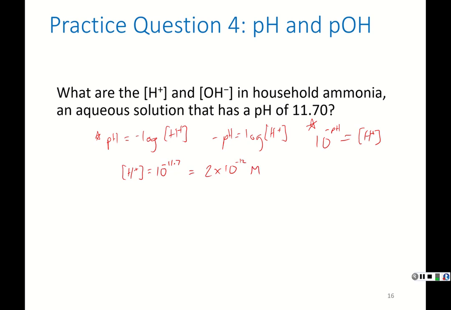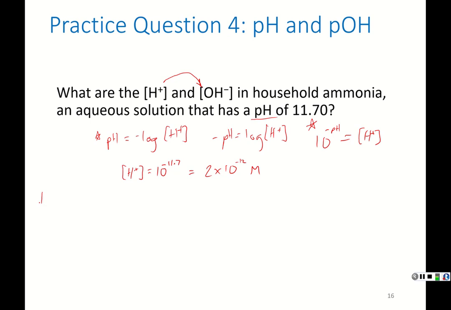Okay, so that was easy. That's the easy part. The harder part becomes, once we have that, getting OH minus, because we're given a pH, which is directly related to H plus. Now to get OH, we're going to have to use our relationships, the Kw or the pKw.